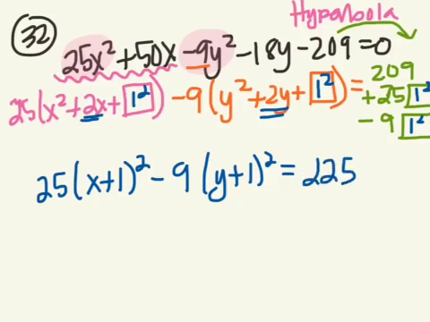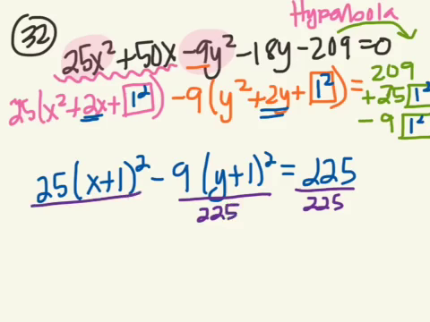And then standard form means that it's supposed to be set equal to 1. So then we need this 225 to change into a 1. We do that by dividing everything by 225. And then you just need to reduce it. So 25 over 225 is going to reduce to 1/9.